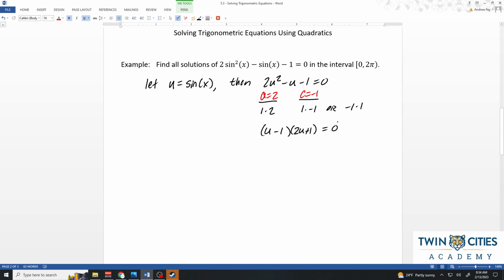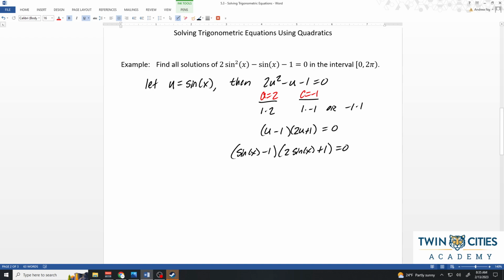But remember that u is sine of x. So really this is sine of x minus 1 times 2 times sine of x plus 1 equals 0. If these two are multiplied together and they equal 0, it implies that one of these must be 0.